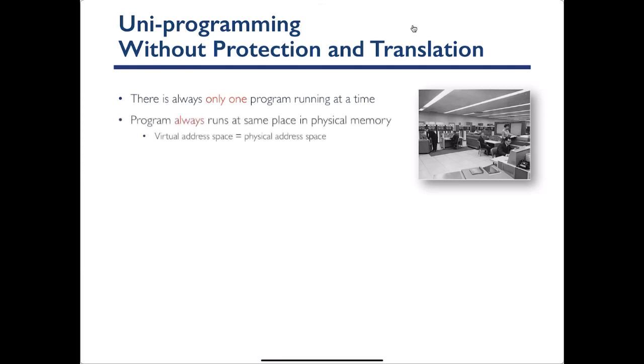So in this setting, there is no point in having protection, right? Because there's only one process in the system, and the operating system is kind of non-existent in uni-programming. The operating system is usually basically just some system library to facilitate execution of your program.